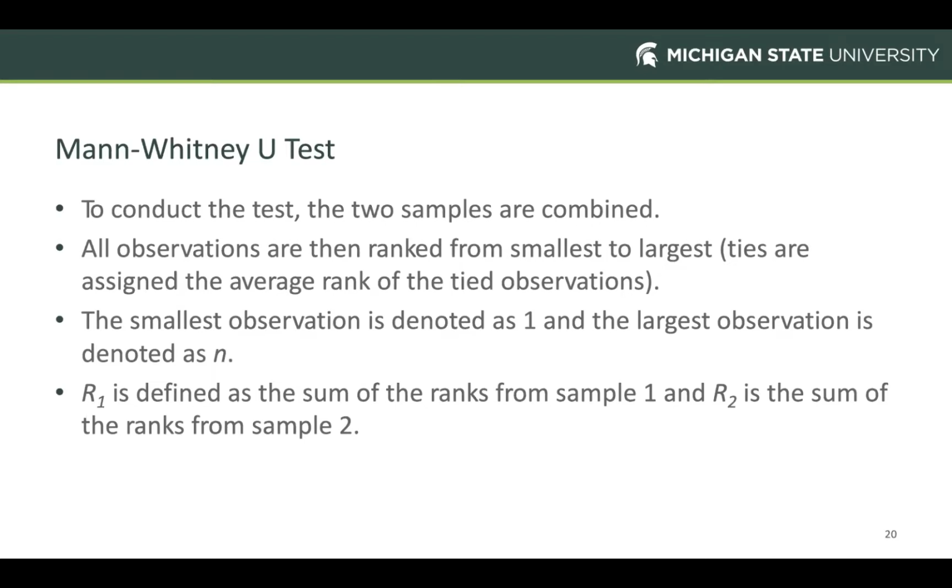And so the smallest observation is given a rank of 1, the largest observation is given a rank of n. And then what we do is just simply sum the ranks across those two samples. And so the sum of the ranks for sample 1 is denoted R1. The sum of the ranks from sample 2 is denoted as R2.